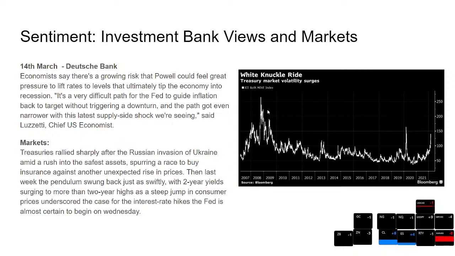This is from the ICE Bank of America MOVE Index. We can see that during the recession we got to around the 250 area, and then during the COVID pandemic we got to above around the 150 area.